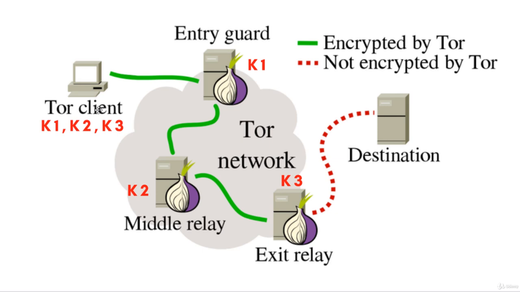If we continue the analogy, the guard node only knows that the client is using Tor, and the exit node only knows that someone anonymous is visiting twitter.com. The exit node doesn't know the identity of the source. It only knows the next hop to the Tor client.